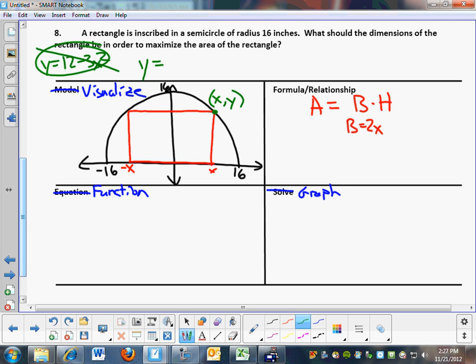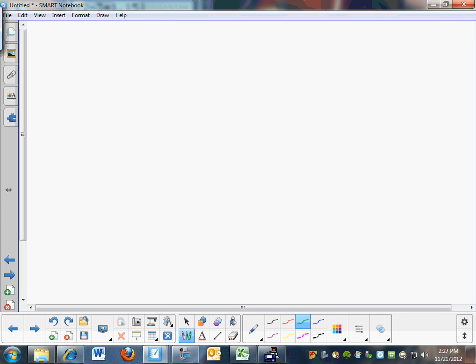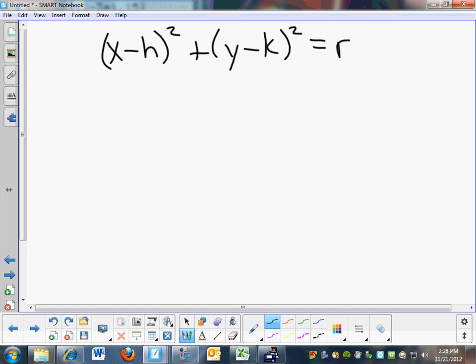Anybody remember what the equation of a circle is? What's the center of that circle? h, k.